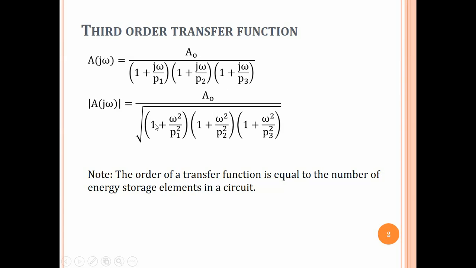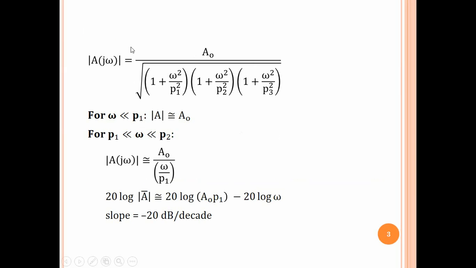So first we write the magnitude, which is simply a0 by square root of the 1 plus omega squared by p1 squared, etc. And now we look at various frequency ranges over which this function can be simplified, as we did last time for first order functions. Alright, so this is a function.